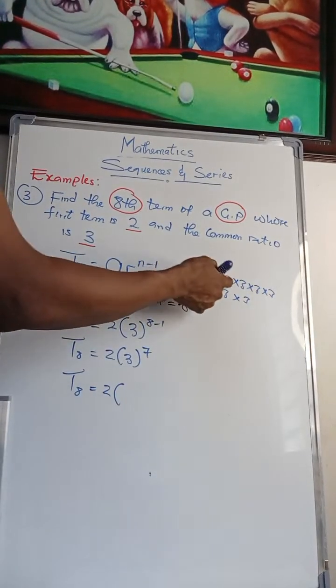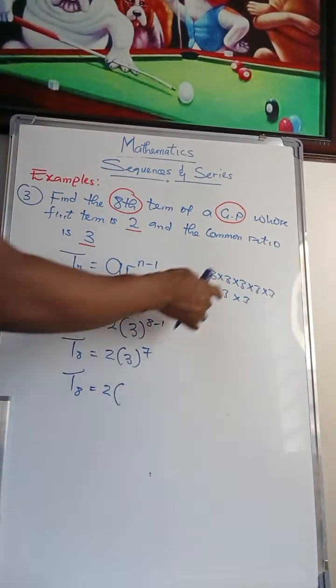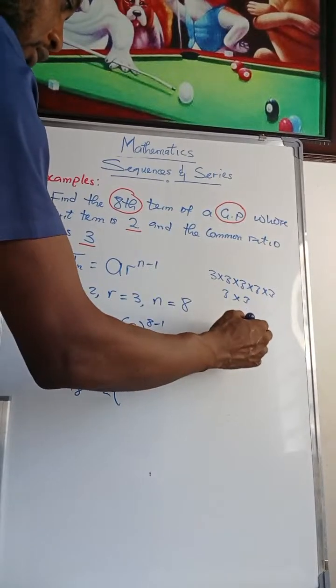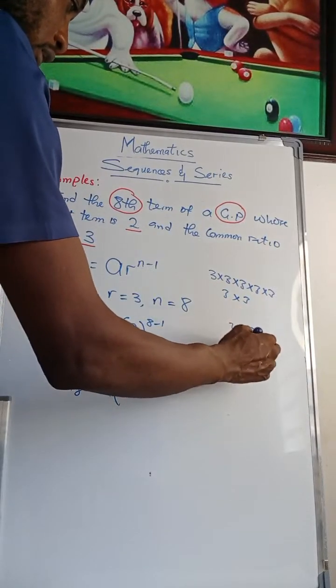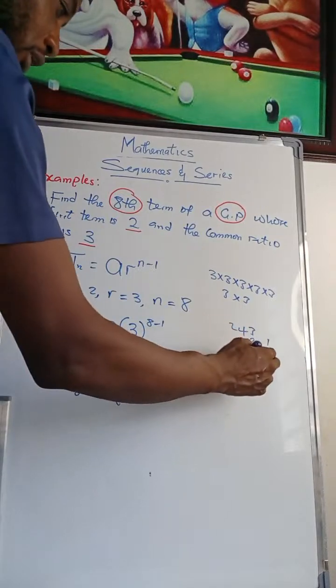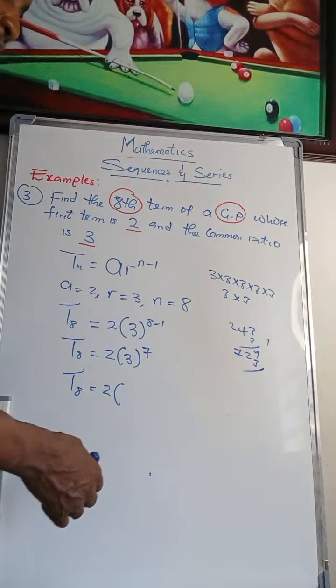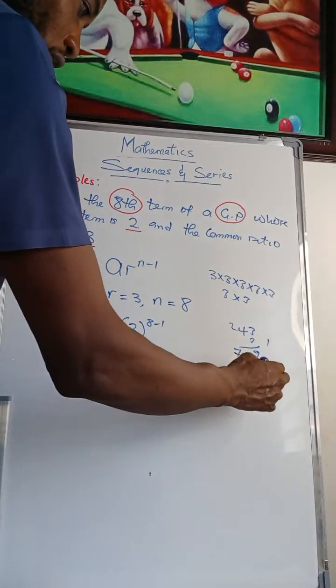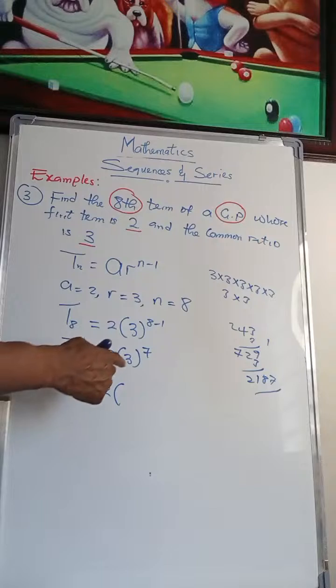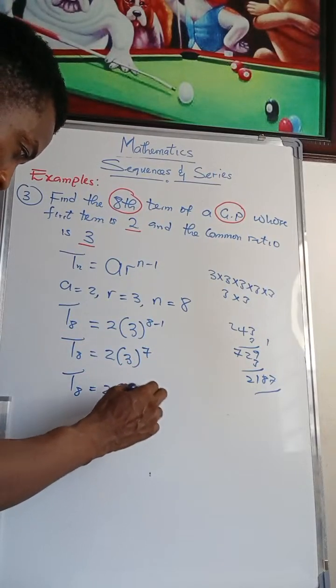So 3 times 3 is 9, times 3 is 27, times 3 is 81, and so on, 7 times 9 times 3 is going to give us about 2,187. So 3 raised to power 7 will give us 2,187.